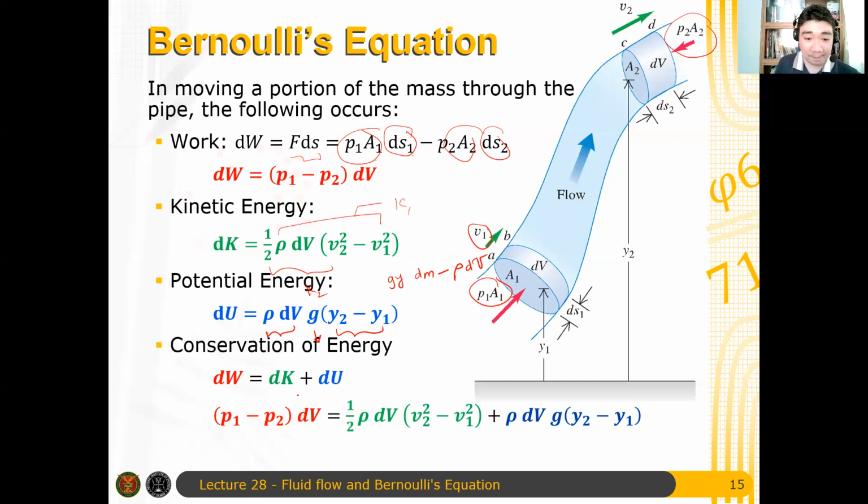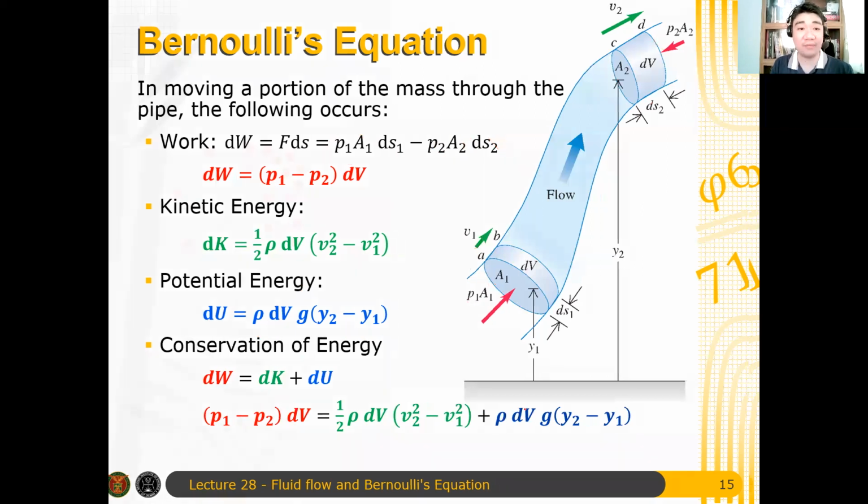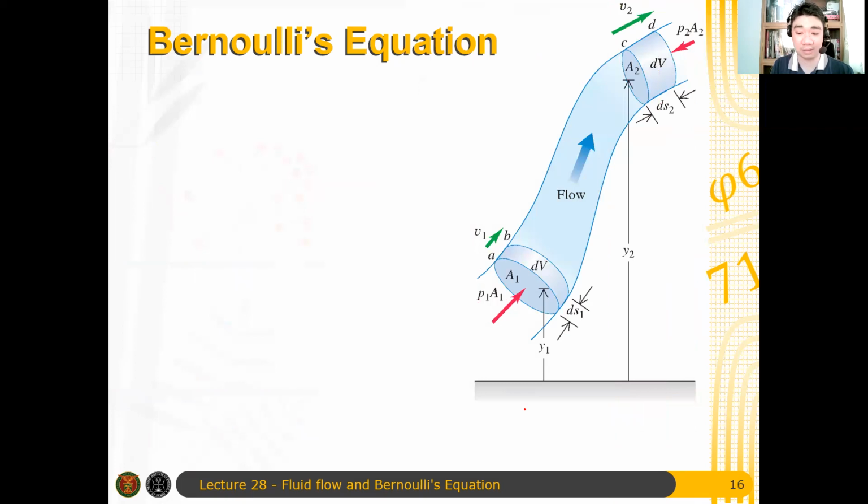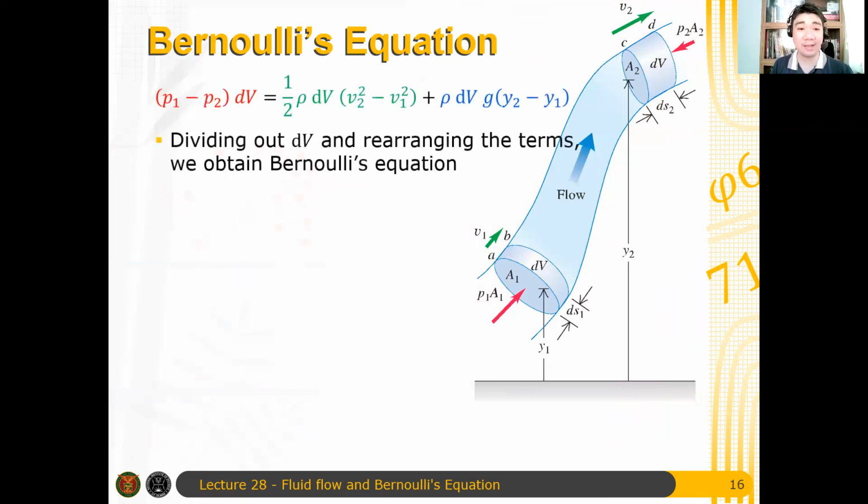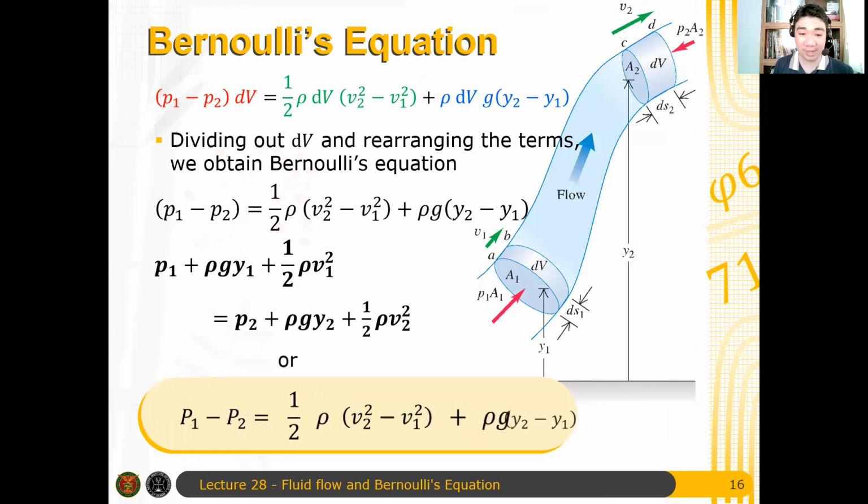Okay? And lahat sila may common na differential volume. Di ba? And hence, you can remove that differential volume. We are assuming that dV is not zero. It's a very small quantity, but it's not zero. You get something like that. And then, therefore, we get this equation here, or pwede mong ganyan, or this very large expression here, which is also known as your Bernoulli's equation.